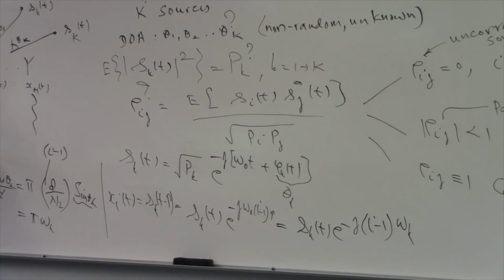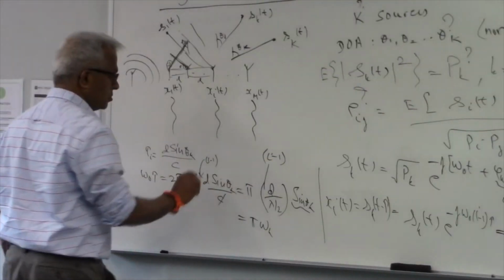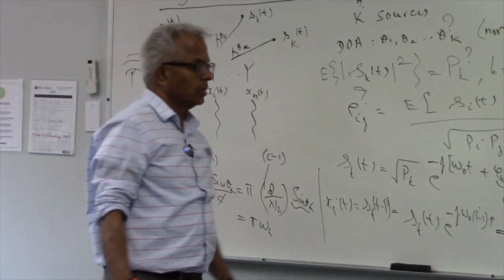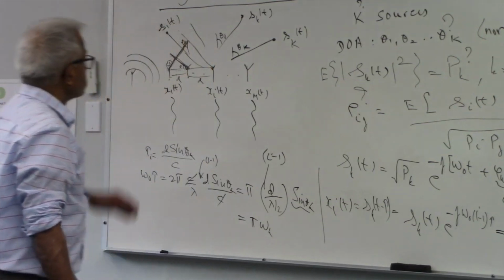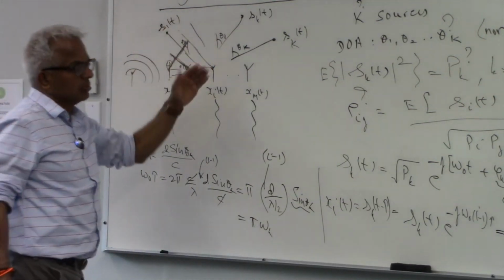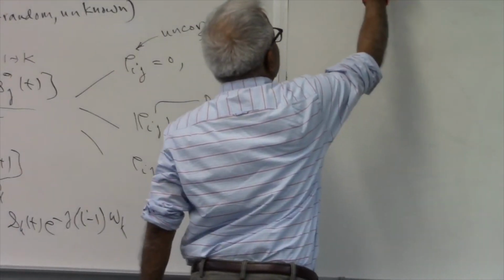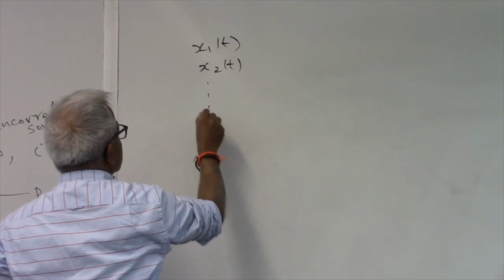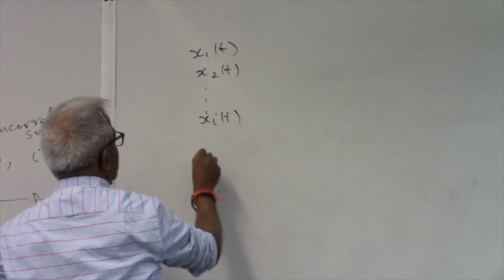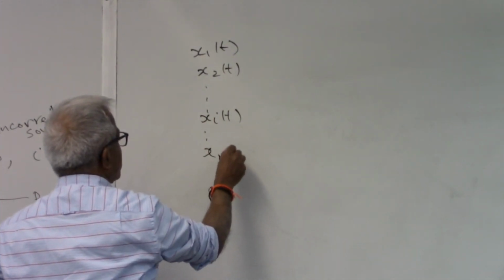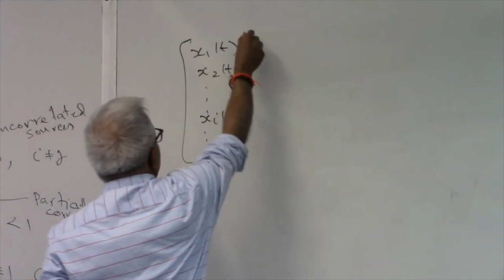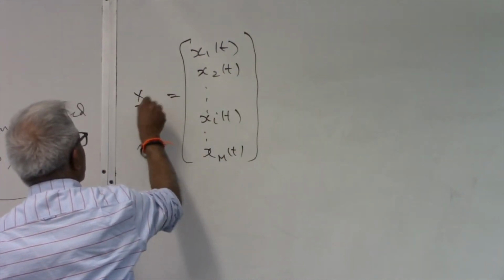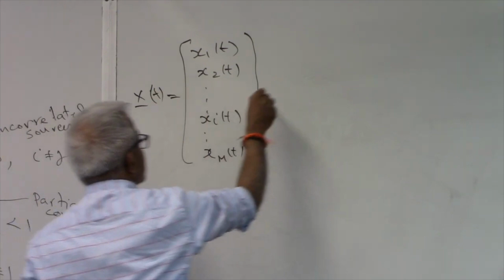So for the ith sensor, it will be i minus 1 also. So let me put all the sensors together: x1 of t, x2 of t, etc., xi of t, xm of t. I'm going to call this x of t.